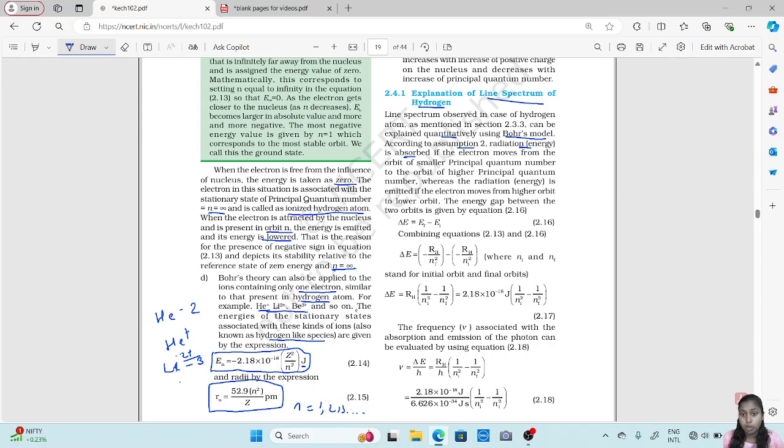That is, if I have orbits 1, 2 and 3, whenever an electron absorbs energy or radiation, it moves from the lower principal quantum number to a higher principal quantum number, that is, from 1 to 2.